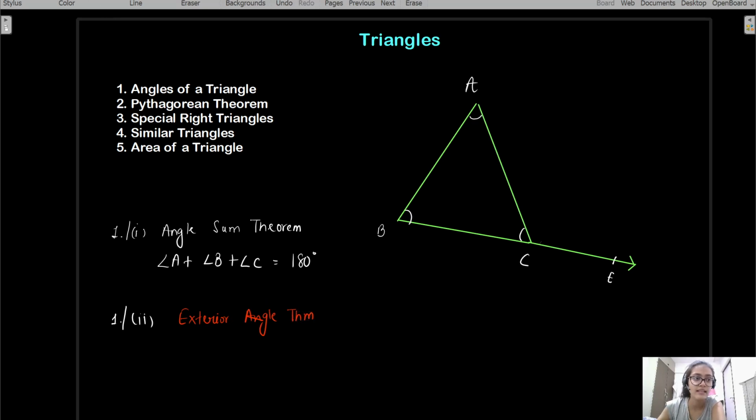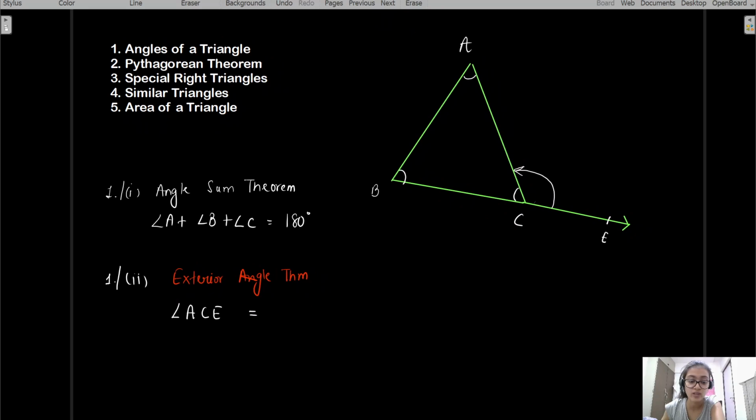So this one says that if there is an exterior angle, for example this one, and the name of this angle is angle ACE, then this angle is going to be equal to the sum of two interior opposite angles.